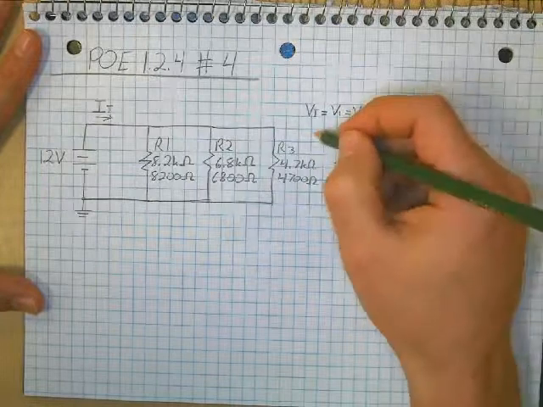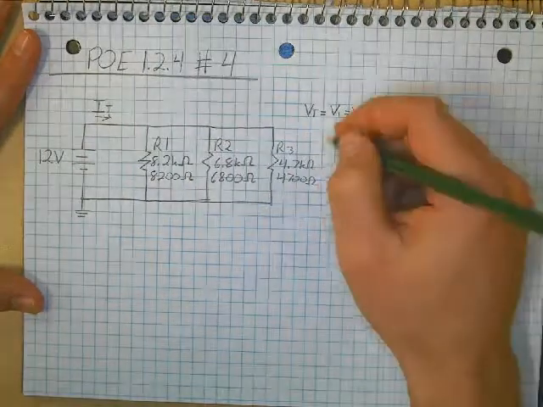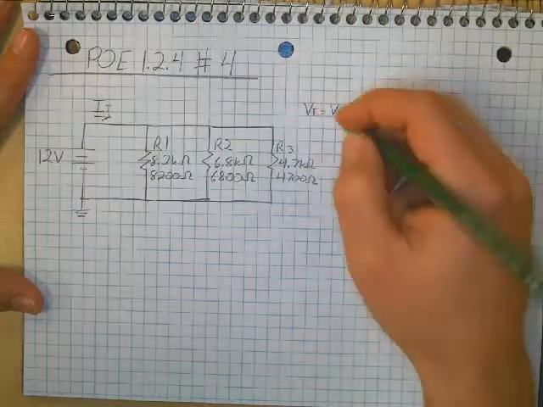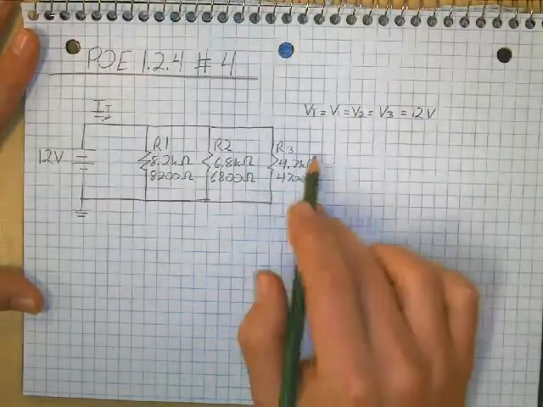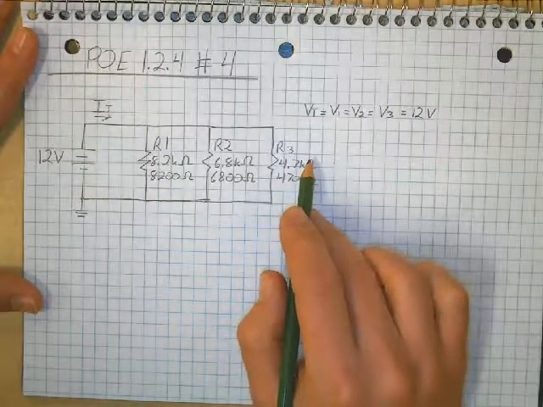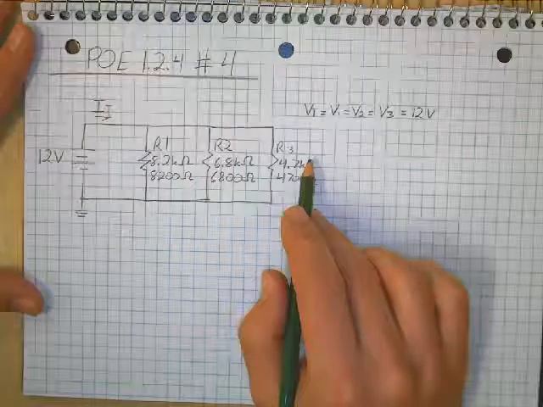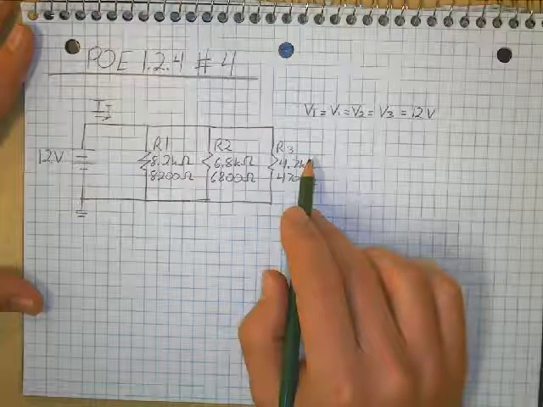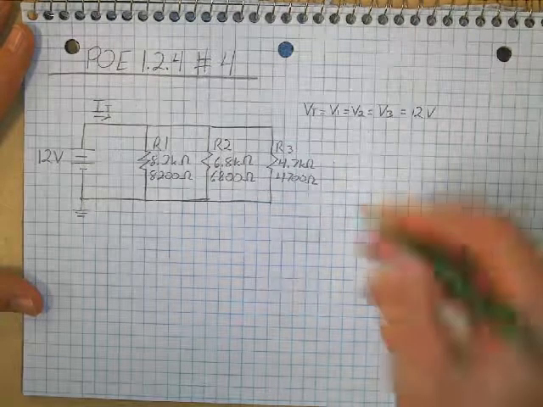Alright, I'll slide over a little bit here to do my next bit of calculations. So we have total voltage. Let's work on figuring out our total resistance next.